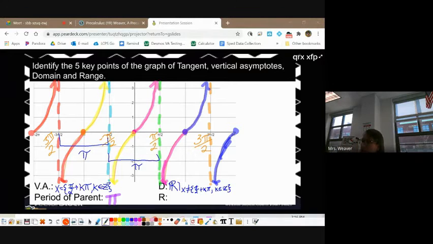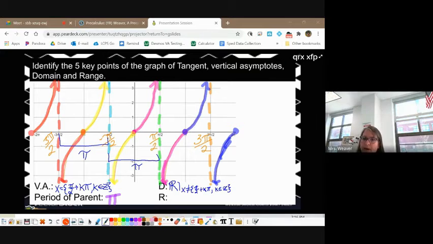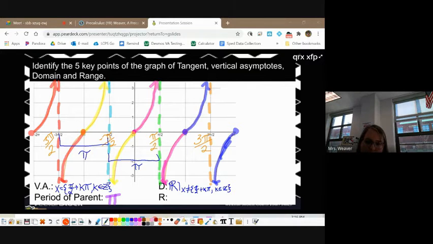Okay, so as long as we start at a half pi and go forward an integer multiple of pi or backwards an integer multiple of pi, we'll hit another asymptote. So it's all the numbers except for those. The domain is all the numbers except for those.